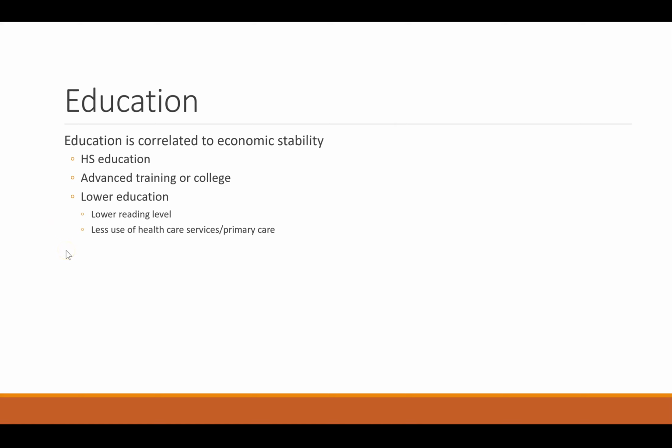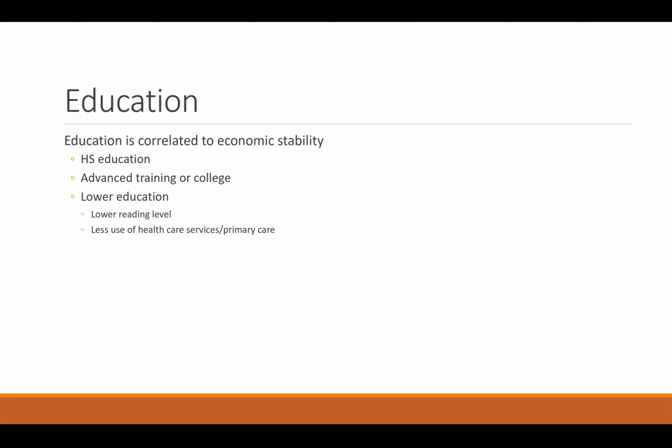The first social determinant of health that we'll discuss is education and access to quality education. So it's very clear that education is correlated to economic stability because the higher level of education someone has, typically the more options they have in their career and the more stable of a career they have.